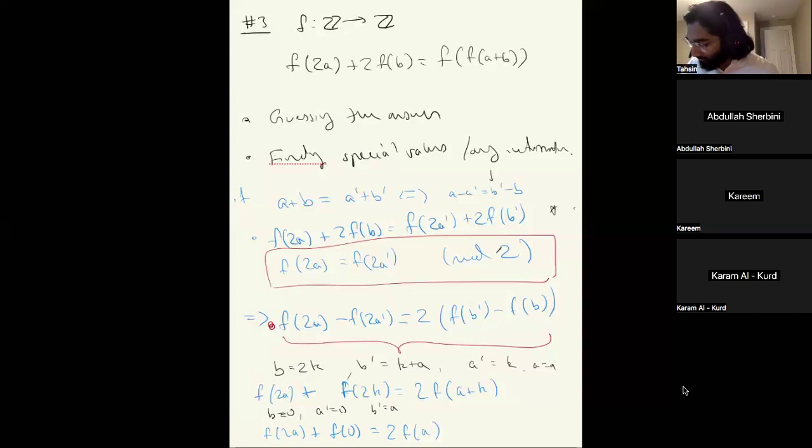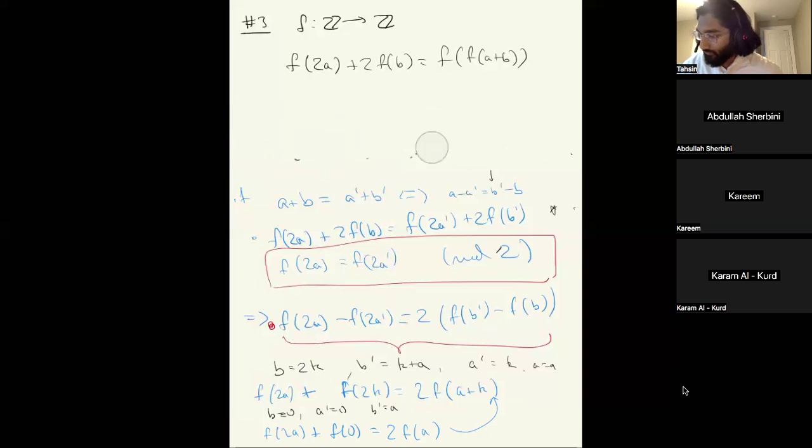So now you get a relation for f of 2a. But now I guess you can put this observation into the previous one, right? So now what does the equation become? Maybe you can define g of x equals f of x minus f of 0. And it should satisfy Cauchy, right?